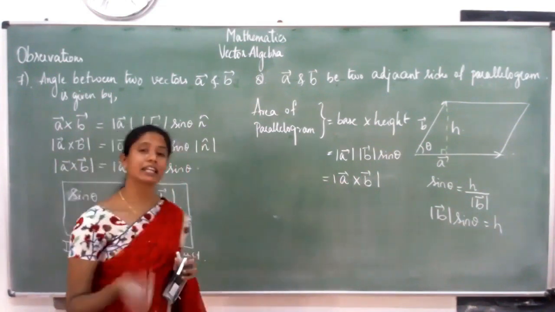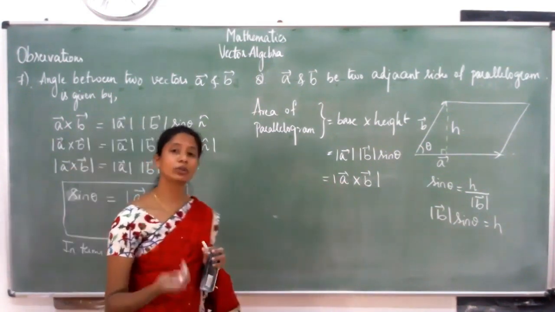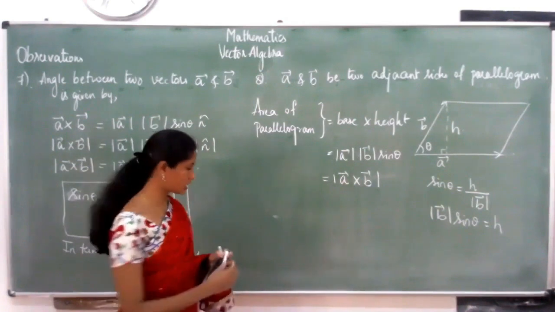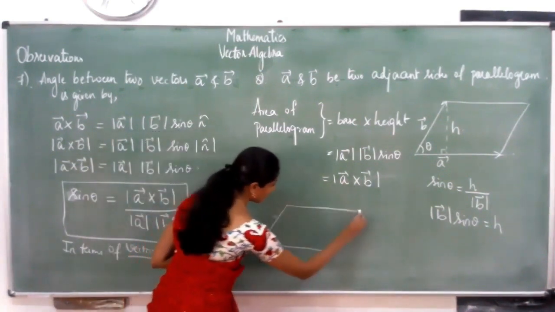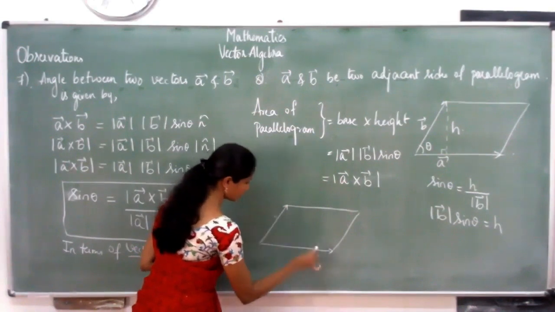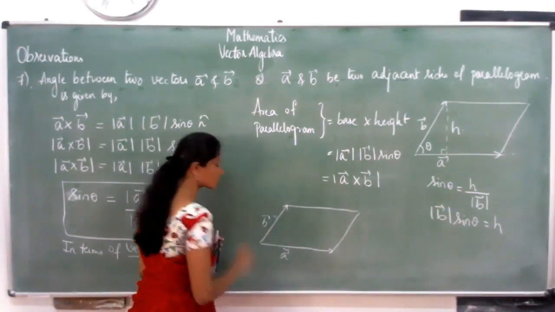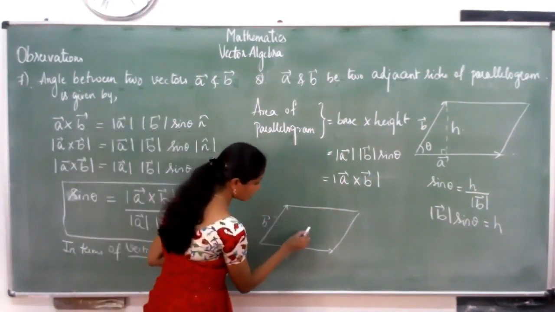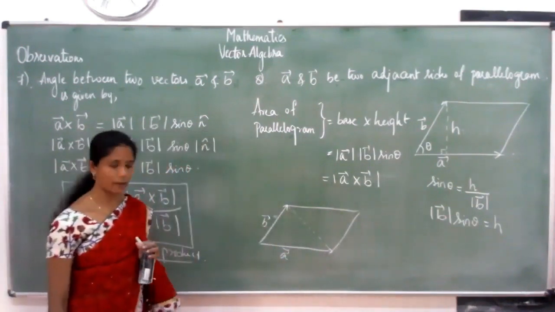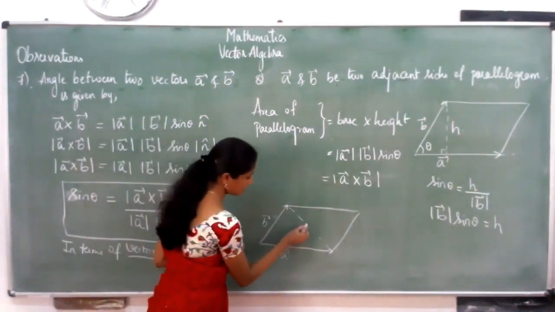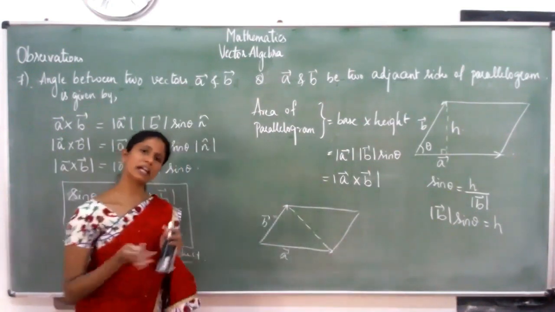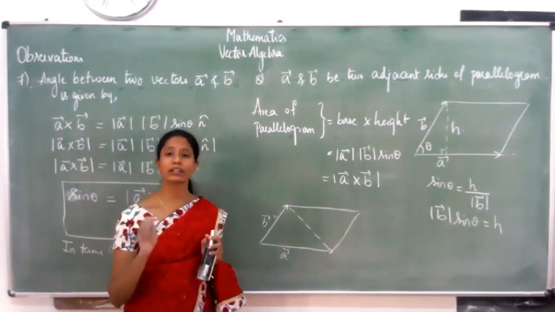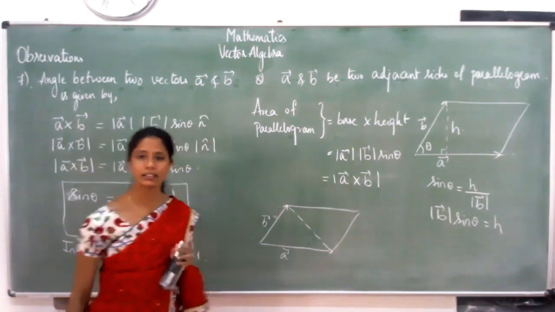With this, now let us understand how to find the area of the triangle. With the help of the area of the parallelogram, let us find the area of the triangle. If I draw a diagonal to this parallelogram, the parallelogram gets divided into two triangles.